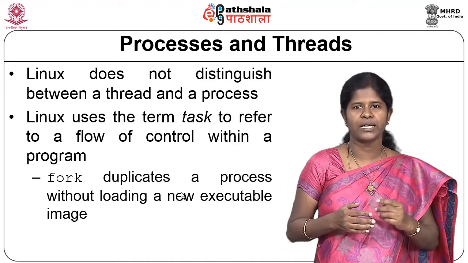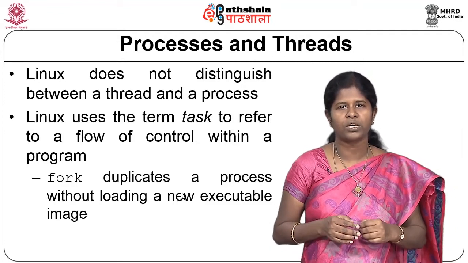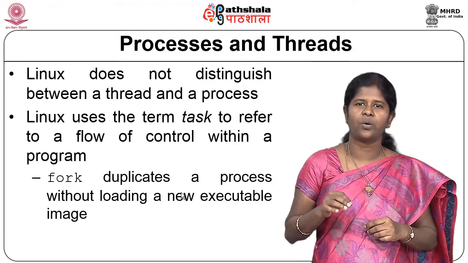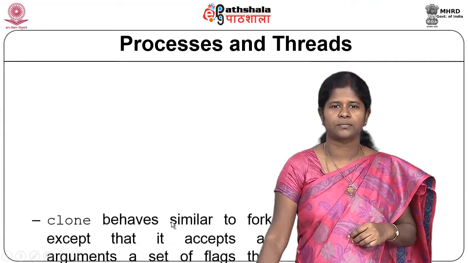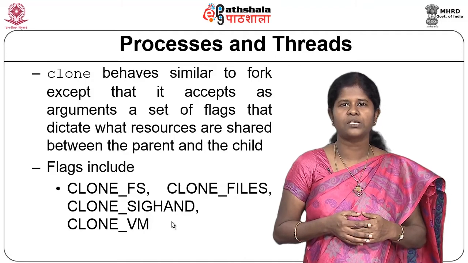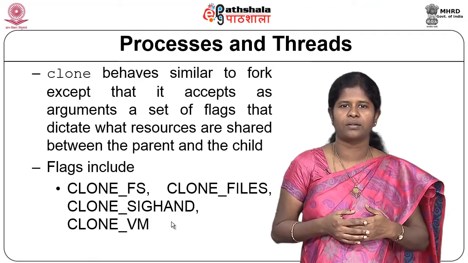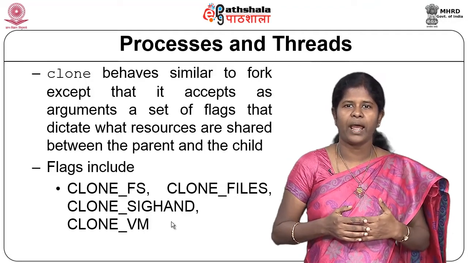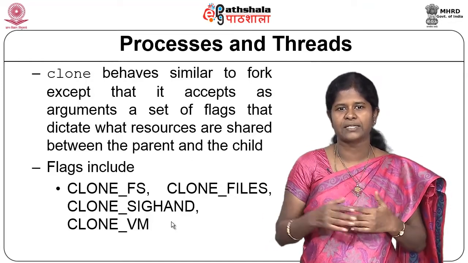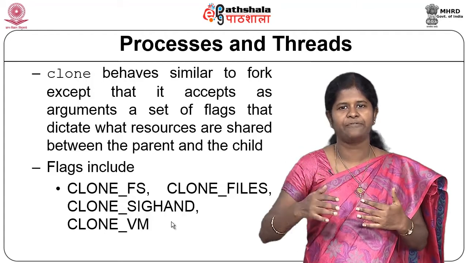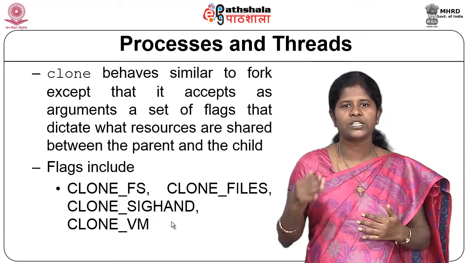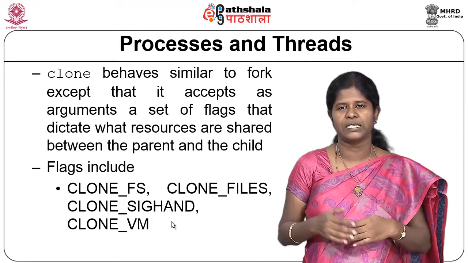When fork is called, it duplicates a process without loading a new executable image. There is another similar call, called clone. This also behaves very similarly to fork, but clone accepts a set of flags as arguments. Depending on whether these flags are set or not, they decide which resources are shared between the parent and the child.